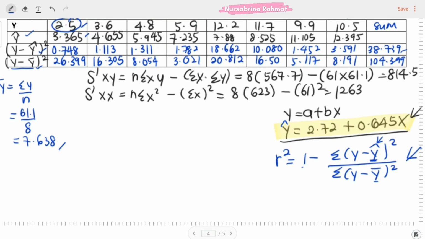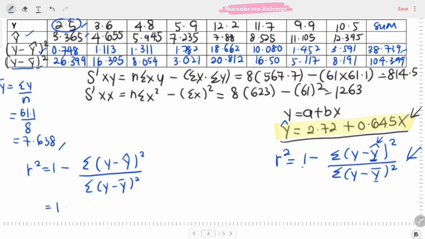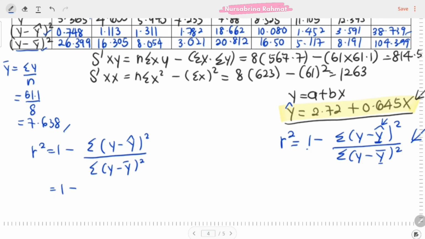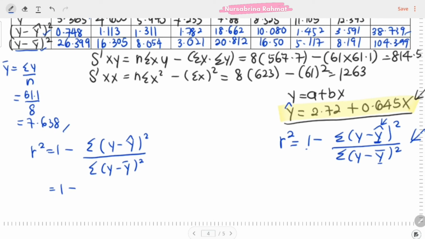So r square equals 1 minus the sum of y minus y regression square over the sum of y minus y mean square. So 1 minus, the sum of your y minus y regression square is 38.739, divided by 104.399.